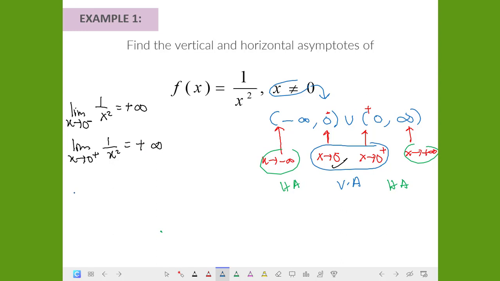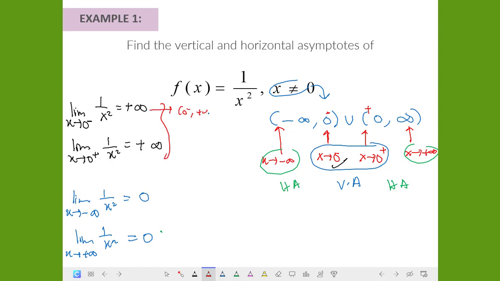Then the limit of 1 over x squared as x tends to negative infinity, 1 over negative infinity squared also gives positive, so 1 over infinity is 0. And the limit of 1 over x squared as x tends to positive infinity, 1 over infinity, is also 0.